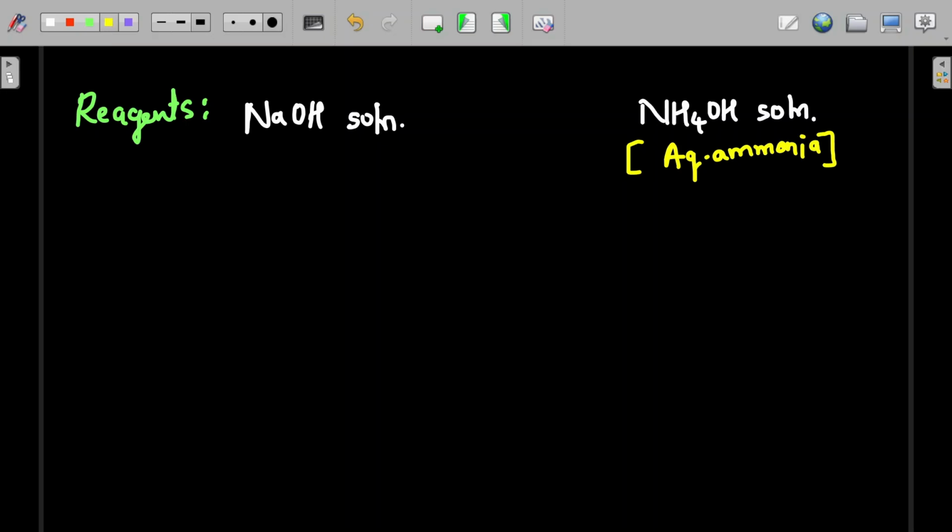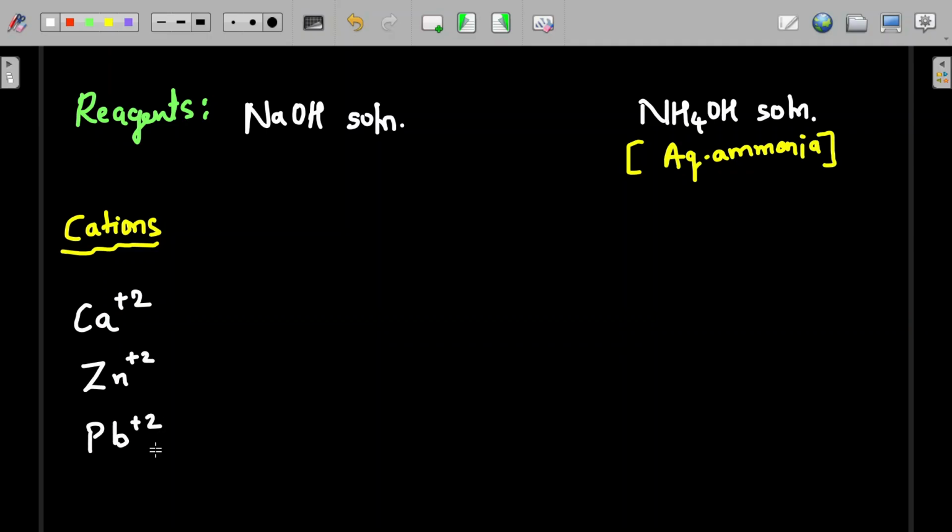What cations are we going to detect here? Remember, we are going to detect the cations, not the metals. Calcium ion, zinc ion, then lead ion. You get these ions when you take any salt of this particular substance.